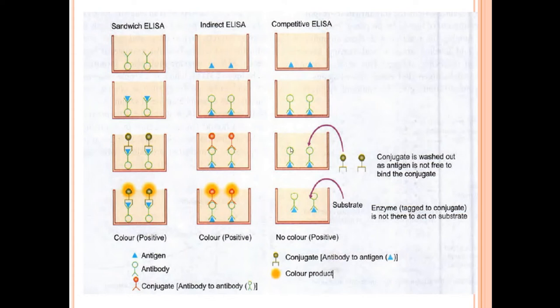Look at the first, sandwich ELISA. You will find that these blue colored are antigen. Antigen gets sandwiched between the two antibodies, and therefore it is called a sandwich ELISA. We'll see this in detail.